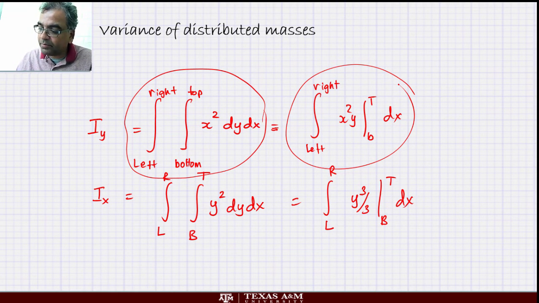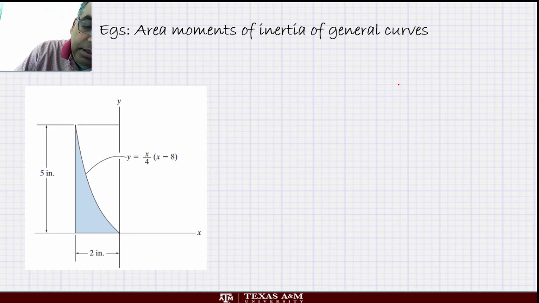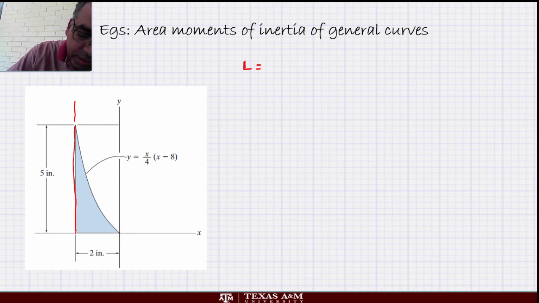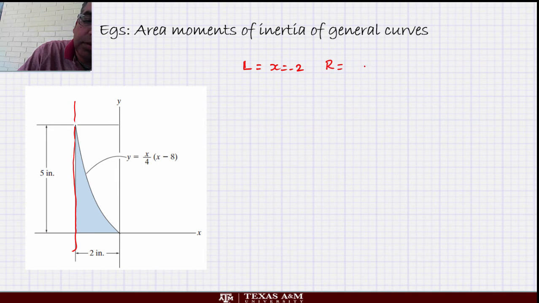Okay, let's look at an example. So again, let's look at this thing, and I'm going to say left equals x equal to -2, that's this side. Right equals x equal to 0, that's this one.